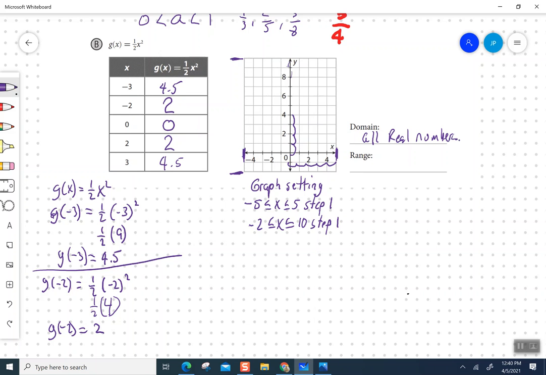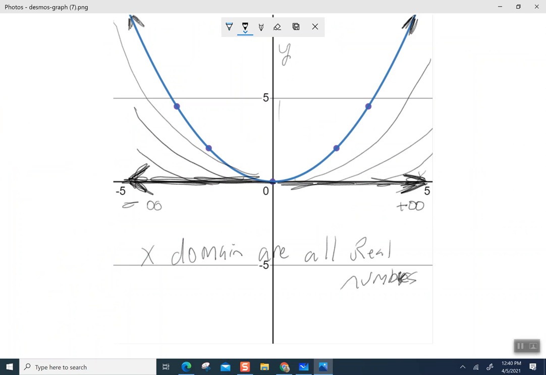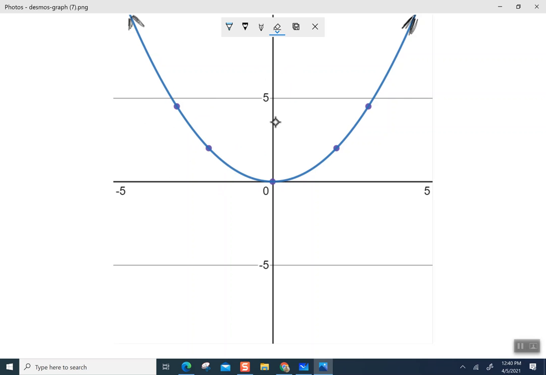Now I want to do my range. So I come back over here to my graph, and basically I repeat the process, except this time it's in the opposite direction. Instead of running down the x-axis, we're going to be running down the y-axis. So here's what this looks like once I get all this erased. Okay, here we go.